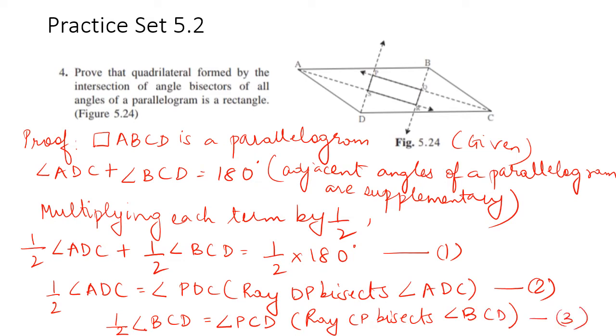So we can say that angle PDC plus angle PCD is equal to 90 degrees, because we divide 180 by 2 and get 90 degrees. That is from 1, 2 and 3. So that becomes your fourth statement.